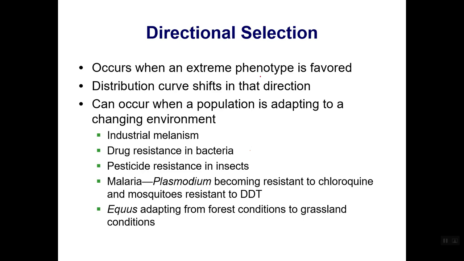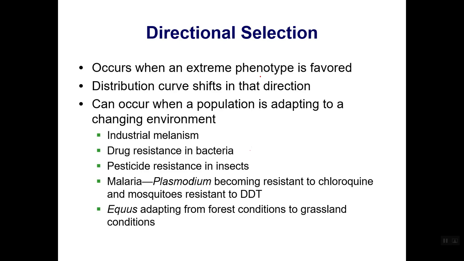Shift in the curve. Pesticide resistance in insects. Malaria. Malaria is a disease caused by a plasmodium, which is a protist. It's a blood infection, and it's becoming more resistant to chloroquine, which is the standard treatment right now. And mosquitoes are becoming more resistant to DDT.